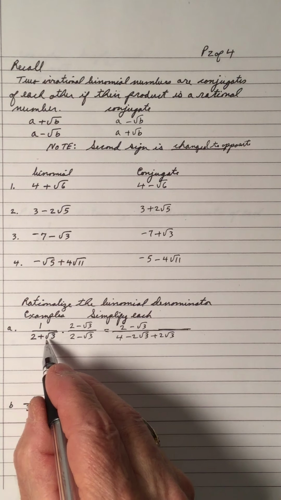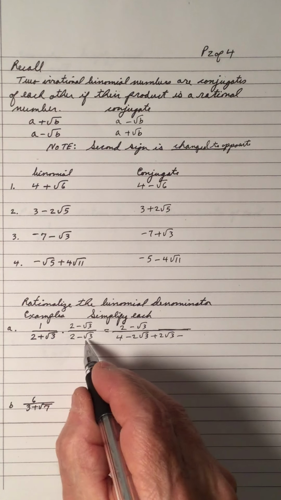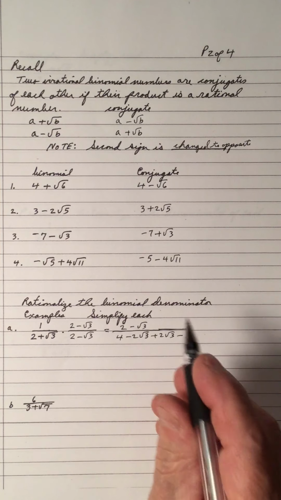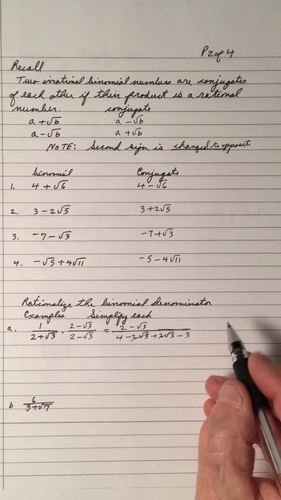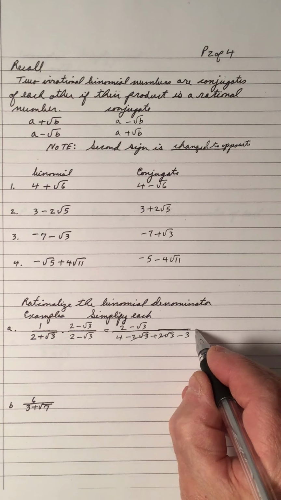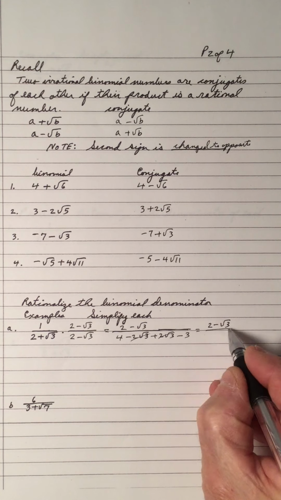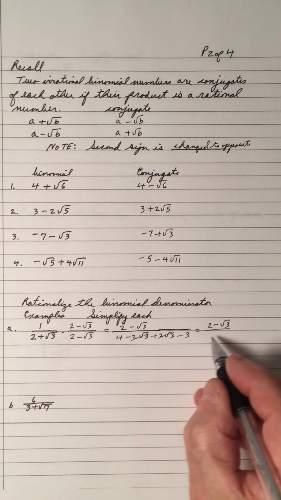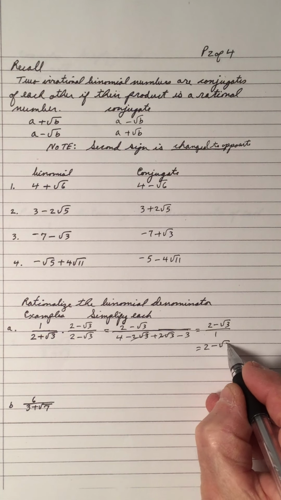And the last is positive times negative, which is a negative, and root 3 times root 3 is 3. If we do the conjugate right, that means the two middle terms should cancel. So this becomes 2 subtract root 3 over 4 subtract 3, which is 1. So the final answer is 2 minus root 3.